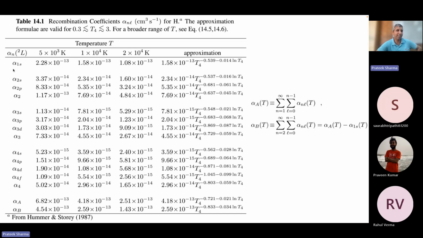But if you subtract this out, you'll get alpha B. The difference between these two is because you are ignoring recombination to the n equal to 1 state. These are calculated at different temperatures relevant to H II regions, and there are these approximations and whatnot.